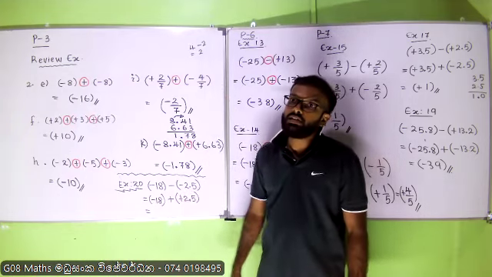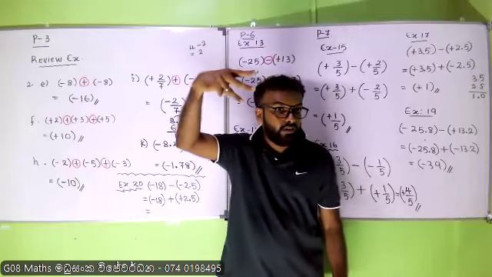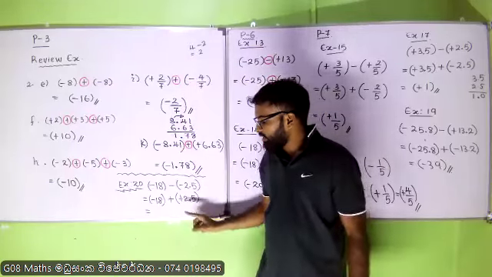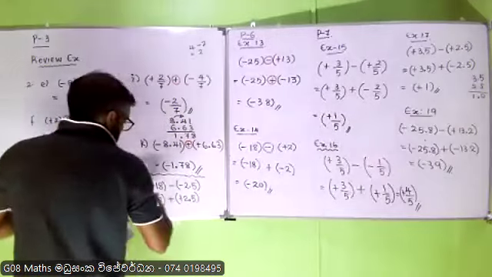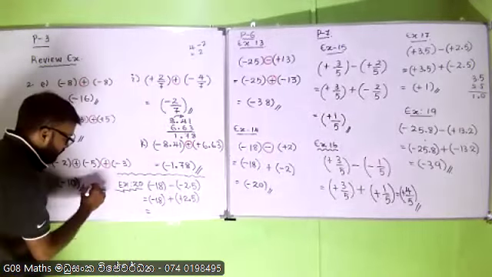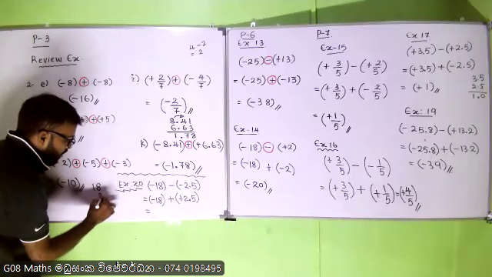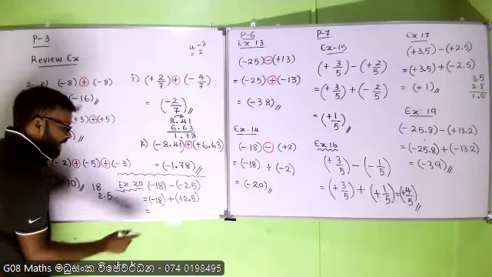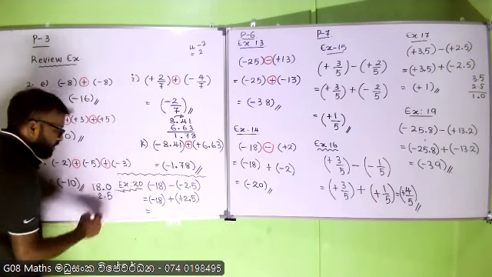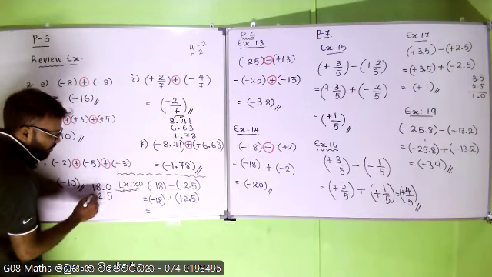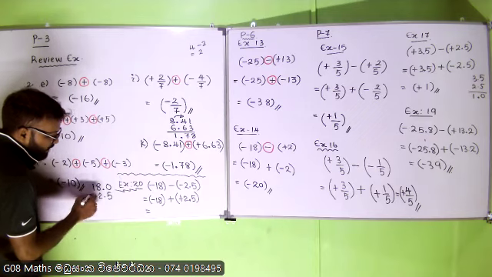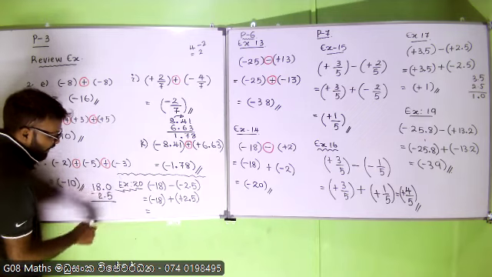If you have different signs, follow the 3 steps that I have given you. So just take the two numbers, 18 and 2.5, and get the subtraction. 18.0 minus 2.5.